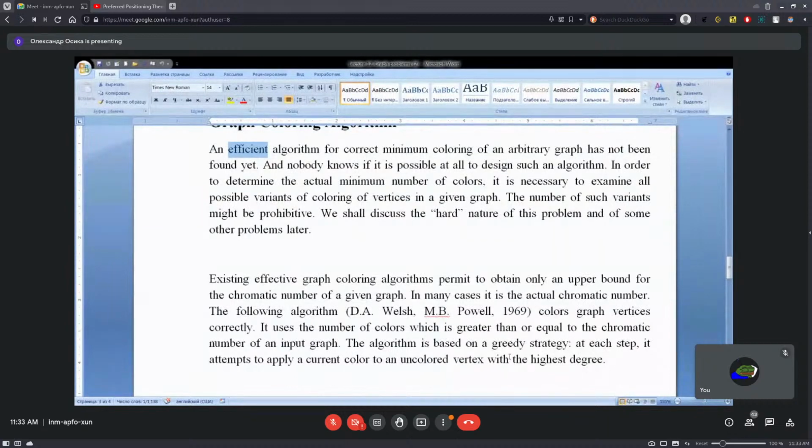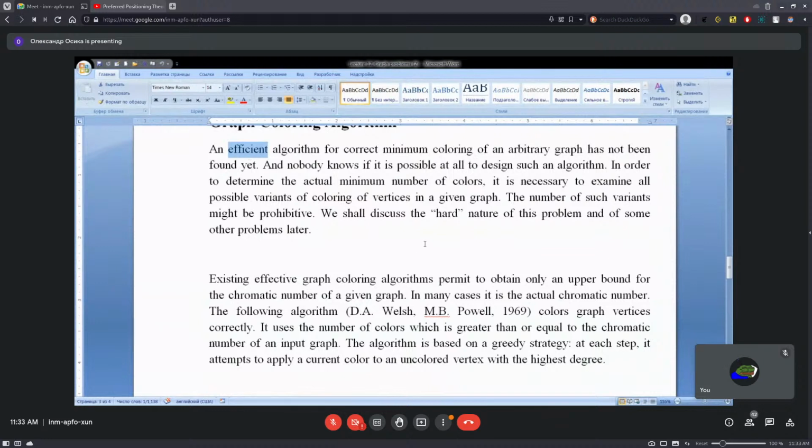Of course, we cannot stop solving the problem until we generate all n factorial permutations. That's why it is an exponential problem, an exponential algorithm.